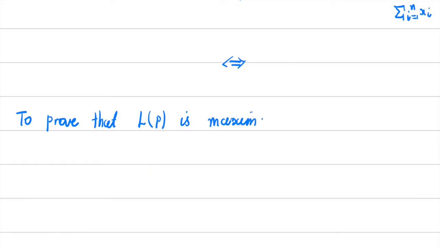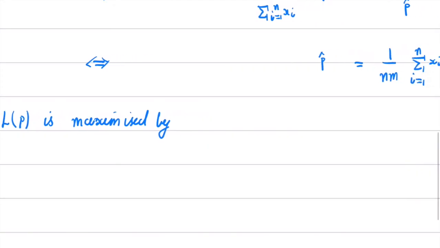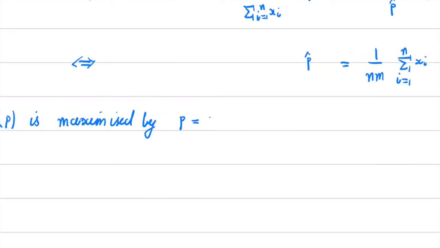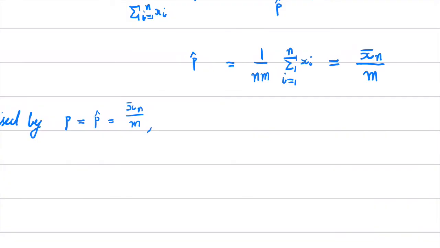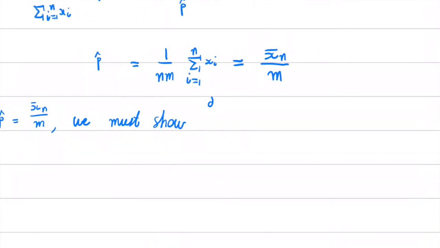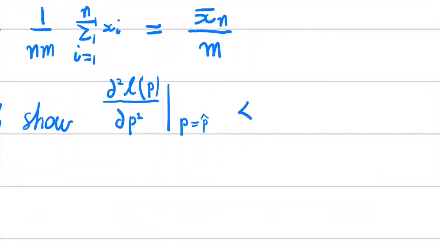However, to prove that the likelihood function is maximized by this expression we've just found, p is equal to p hat, which in this case we've said is xn bar over m, all we have to show is in fact that the second derivative of the log likelihood function evaluated at the maximum likelihood estimate is less than 0.